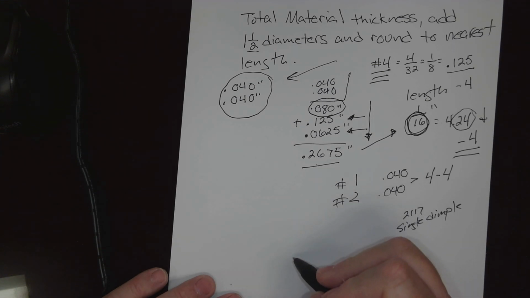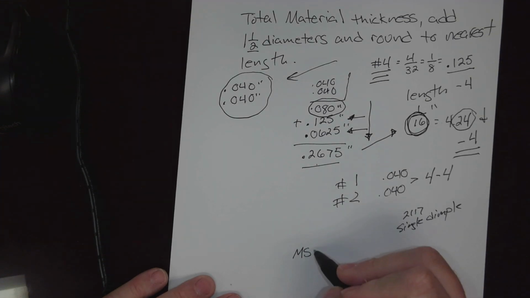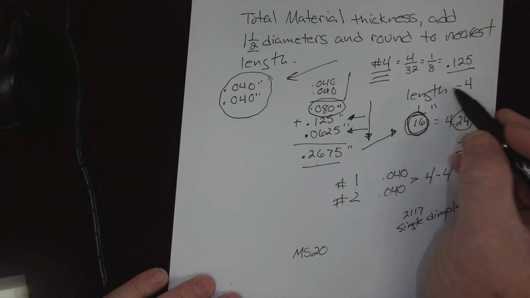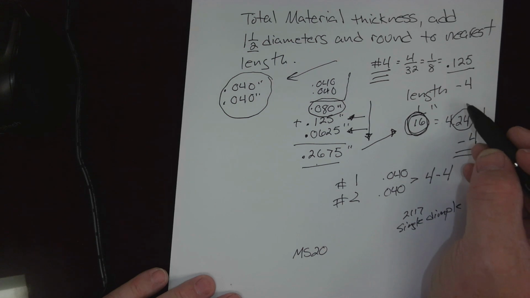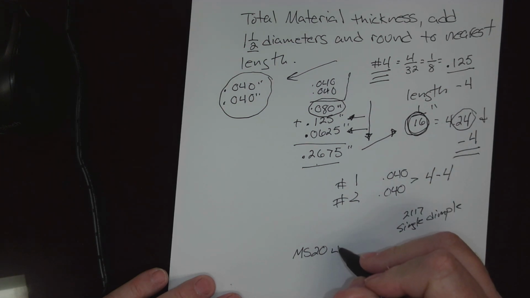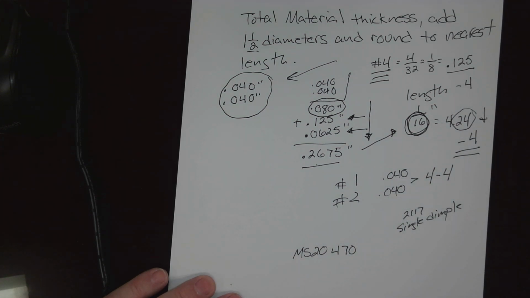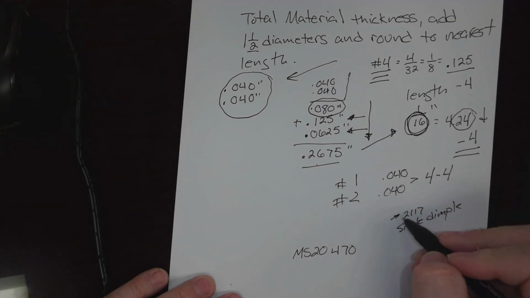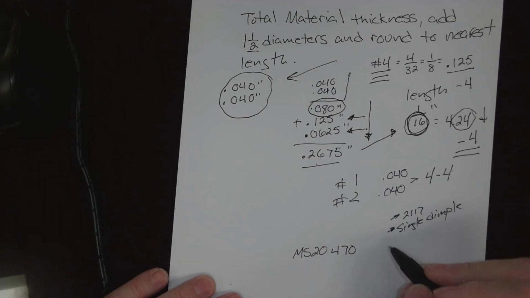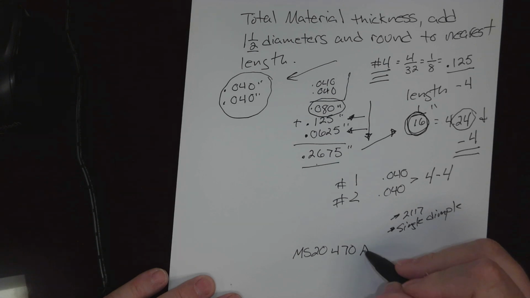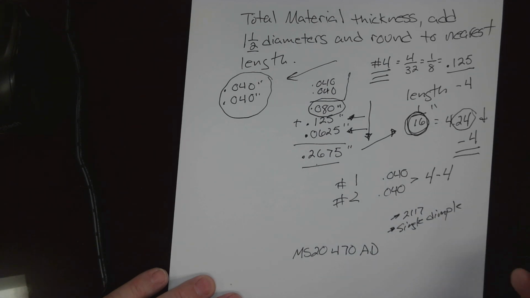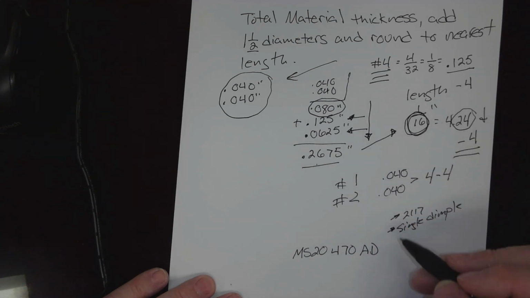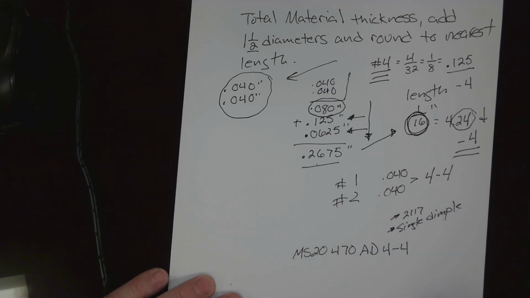Well, to start with, we're going to be in that MS for that mil spec 20 category. I want to use a protruding head or universal head, so that's a 470. I want to use a 2117 or a single dimple. That would be an AD. And then finally, my diameter would be a 4 and my length would be a 4.